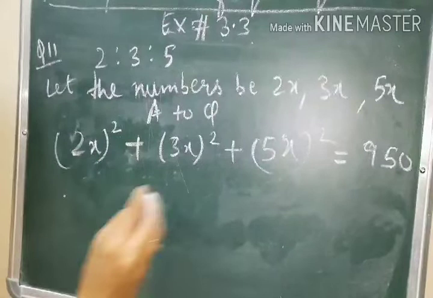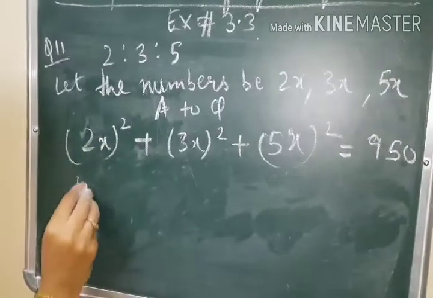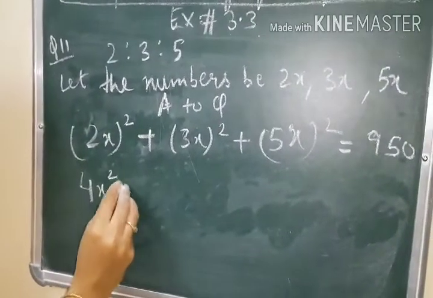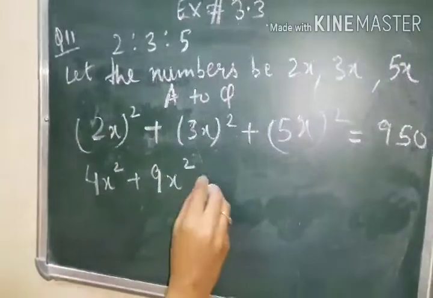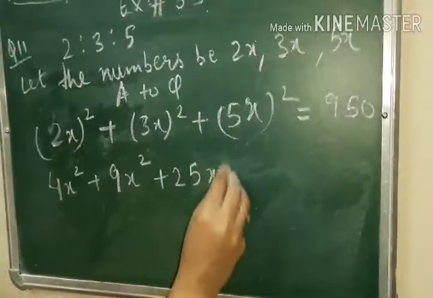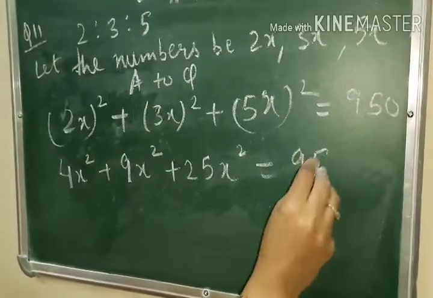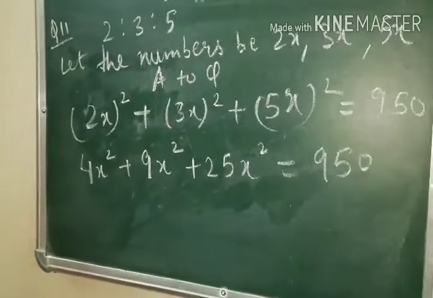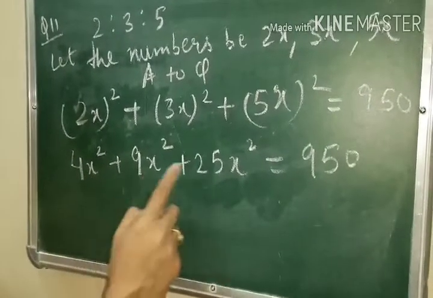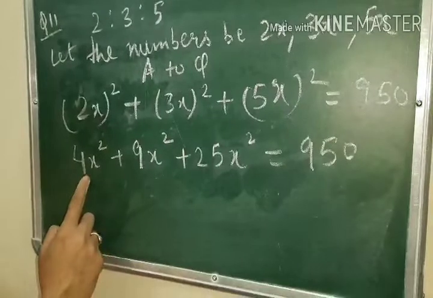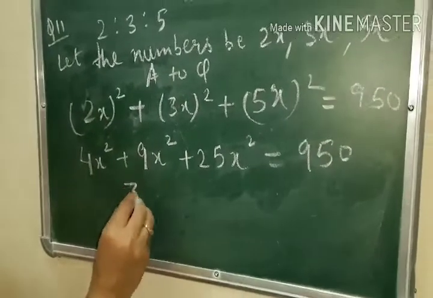So when you take the square of it, 2 square is 4, x square is x square. 3 square is 9, x square is x square. Now we'll open the bracket. Now 5 square is 25 and x square is equal to 950. Right? Now as all x square are there, so we'll just add the numbers. 9 plus 4, 13. 13 plus 25, 38.